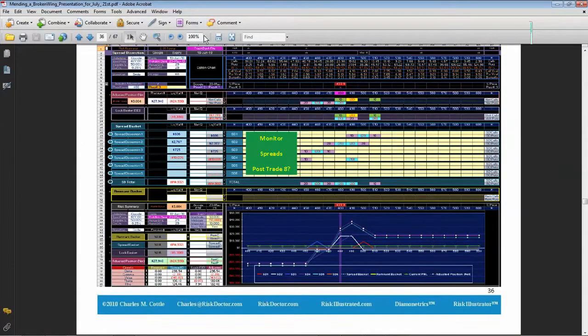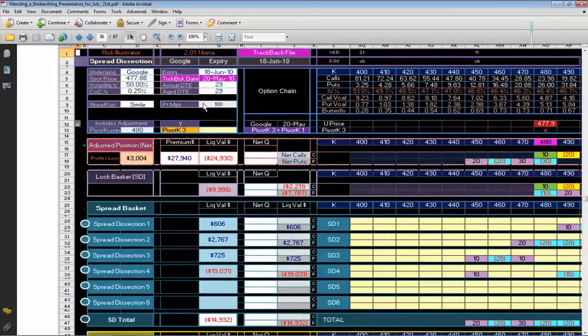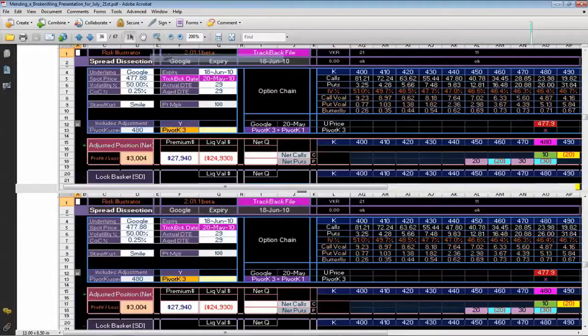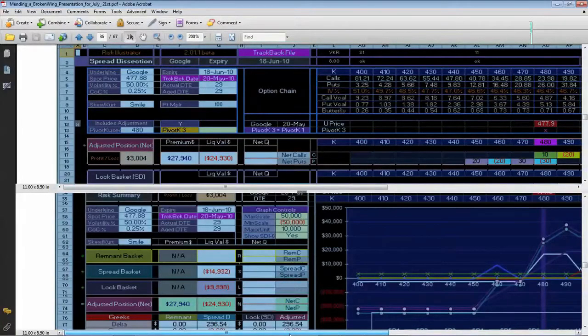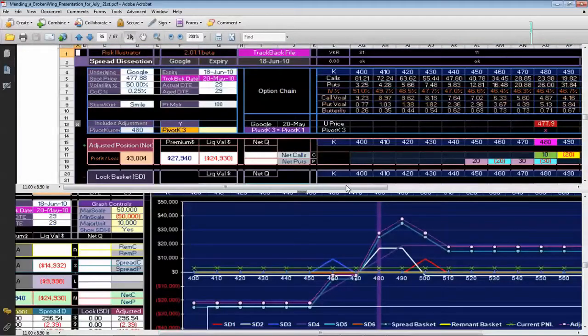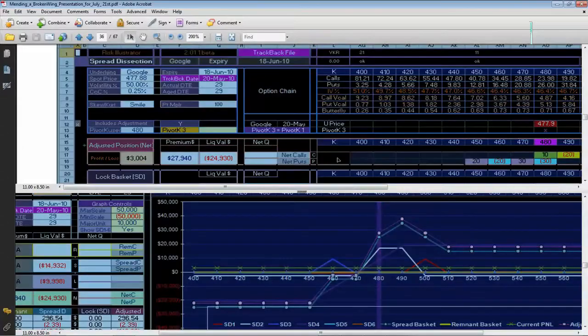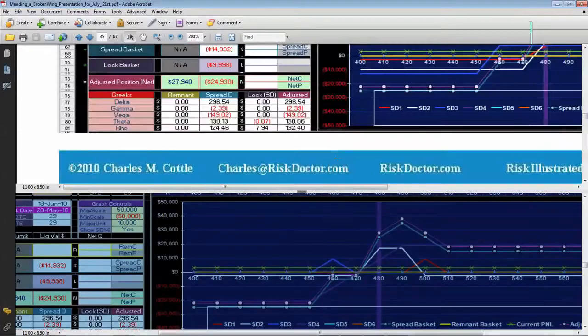I want to go back to 200, and I want to split the screen and look at it like the bottom half of this, like so, and the bottom half of the one above, like so. It's the same thing.